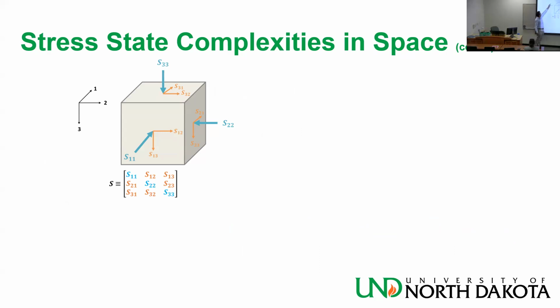It might as well be X, Y, and Z. The normal stresses are in light blue, and the shear stresses are in orange. So I have the components of the stress field there. If I ask you for your stress field at this point, you give me this matrix. You give me 9 values.